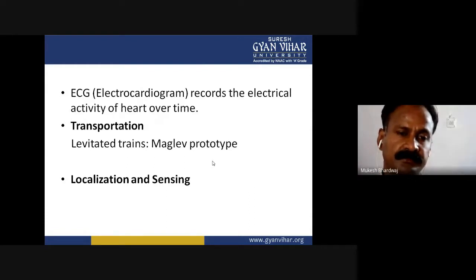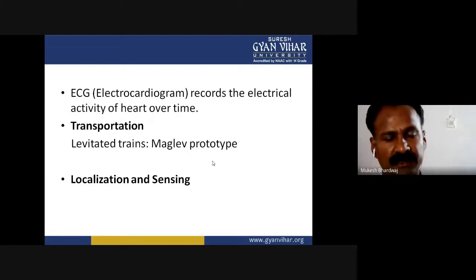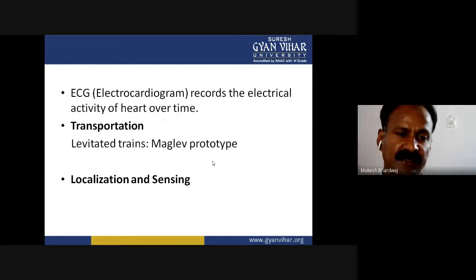We have seen that trains move on a track, but in some countries, with the help of electromagnetic field theory, the train moves on the track but is not actually on the track.